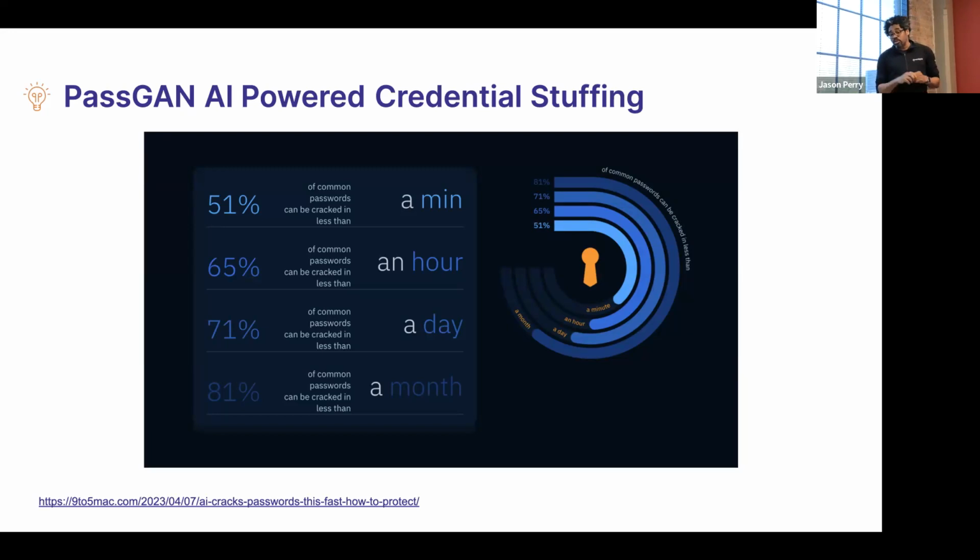Some of the tools that are out there that are now AI powered are allowing AI to better understand which passwords may work and which may not, and to actually look at this information and intelligently decide how to do these credential stuffing attacks. If you're taking a look here, PassGAN, which I have a link to down at the bottom, is an open source product hosted on GitHub that gives you the ability to do these types of credential stuffing attacks.